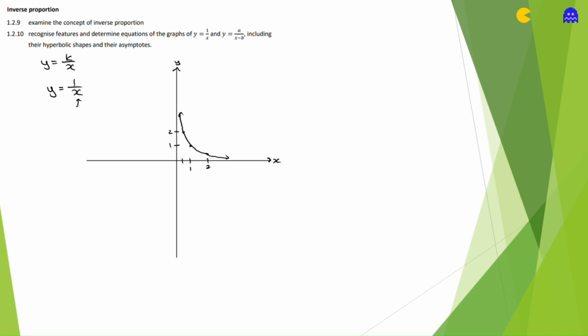And then if we're plugging in negative x values, we should see a similar sort of reflection in the line y equals negative x, something like this, and it'll look very similar to what we saw before. Okay. All right.